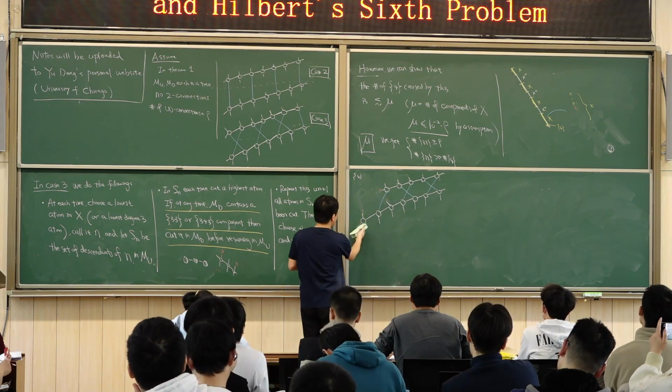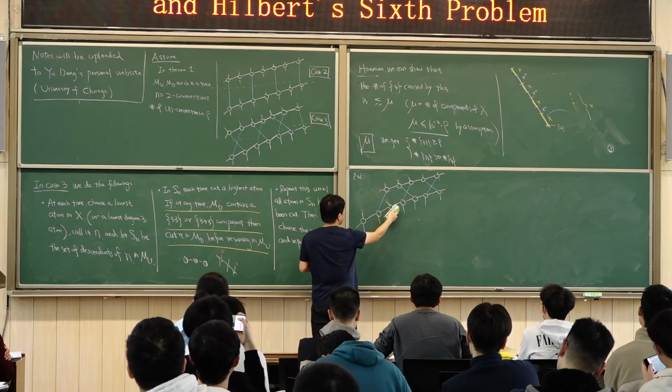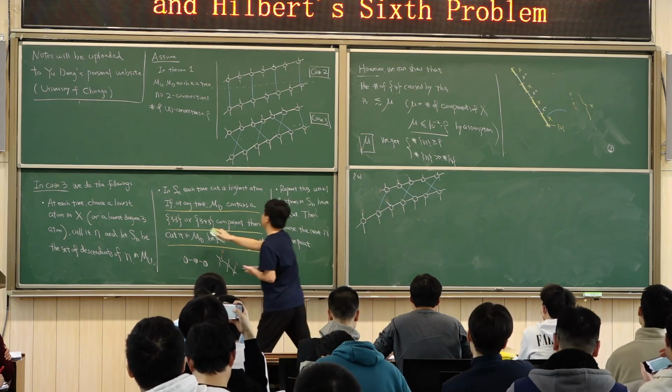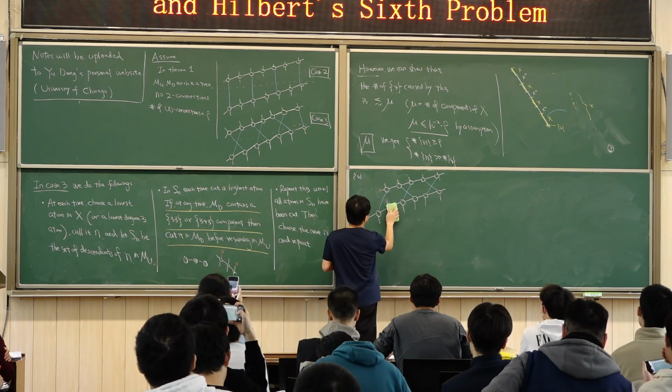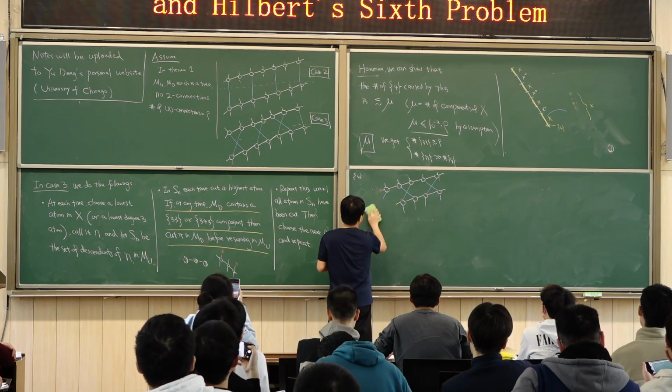Now you see this guy becomes degree 3, this guy becomes degree 3, and this degree 4, and then we are getting a 3-4-3 structure. So we keep cutting everything.